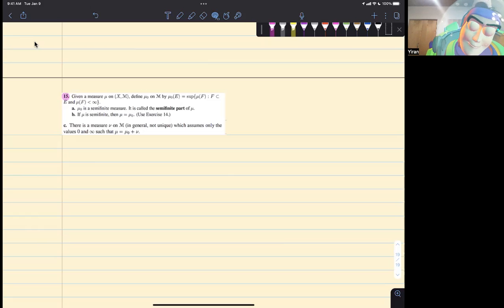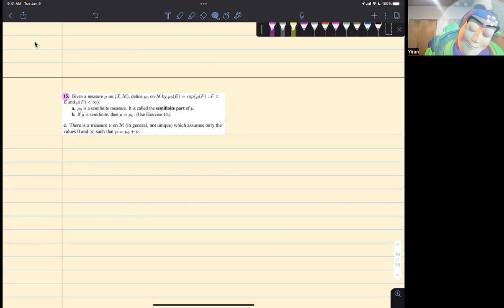This holds since mu naught, by definition, is equal to the supremum of mu of F, where F is a subset of E and mu of F is finite.